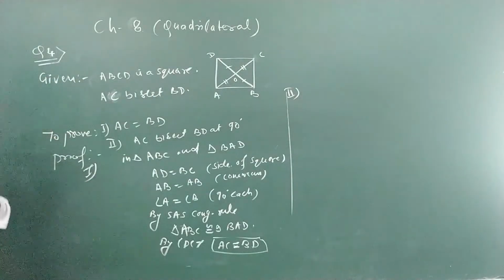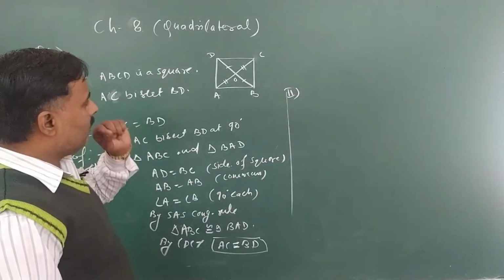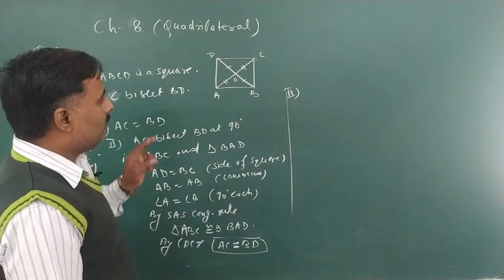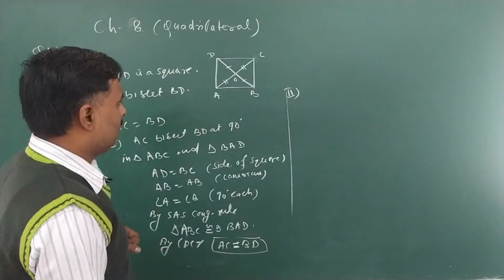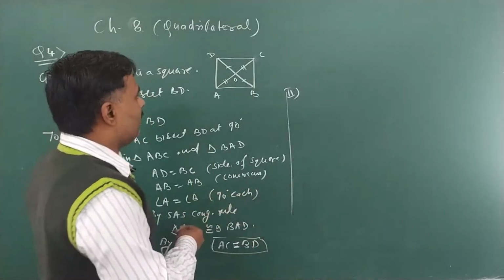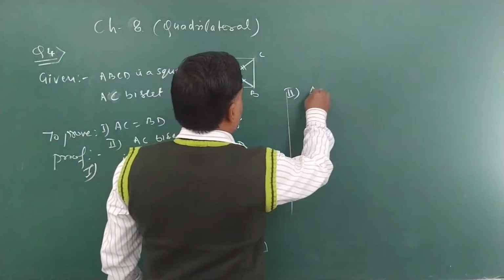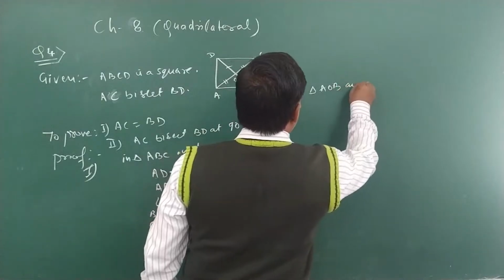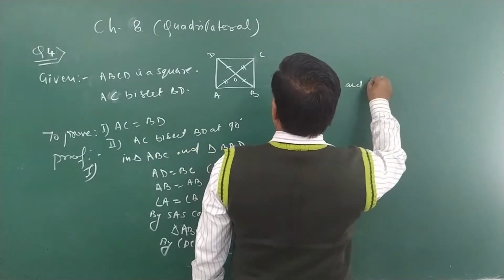When we prove the second part, we will take two adjacent triangles. So we can take any two adjacent triangles. I am taking triangle AOB and triangle COB.